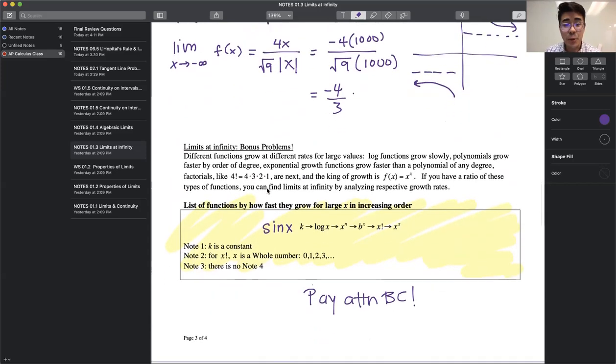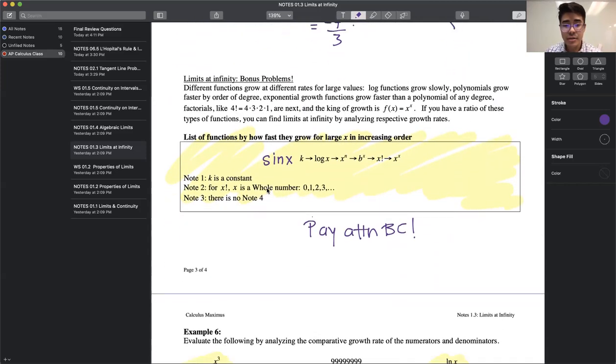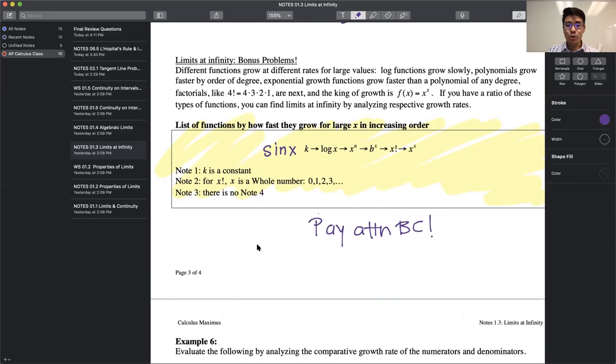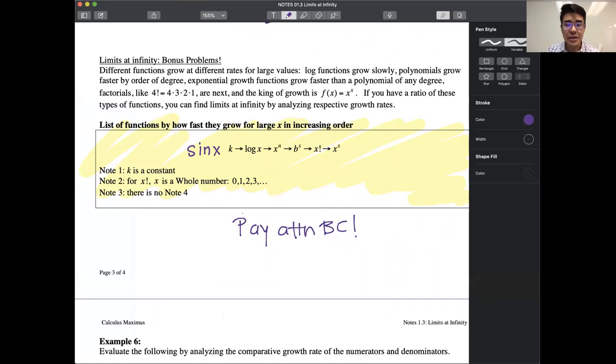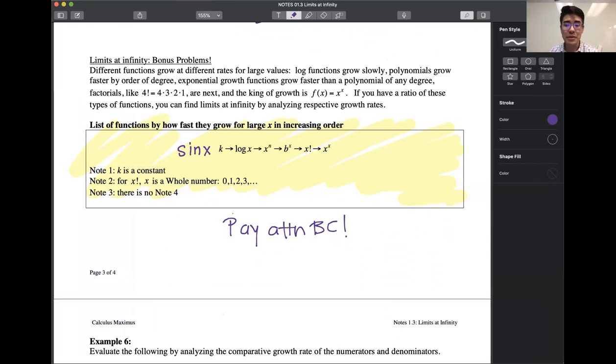Okay, and so this is going to be very useful for BC students, but it should be helpful for AB students too when you're thinking about exponents. Think about this as the order of increase or the order of decreasing. You have sine of x, which is the smallest function, right? And then you have k, which is some sort of number.